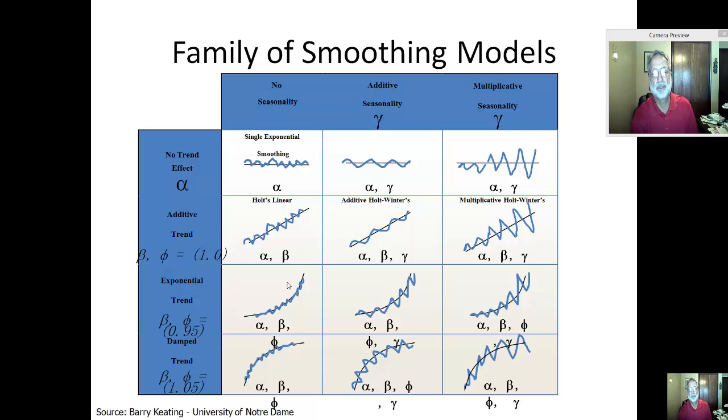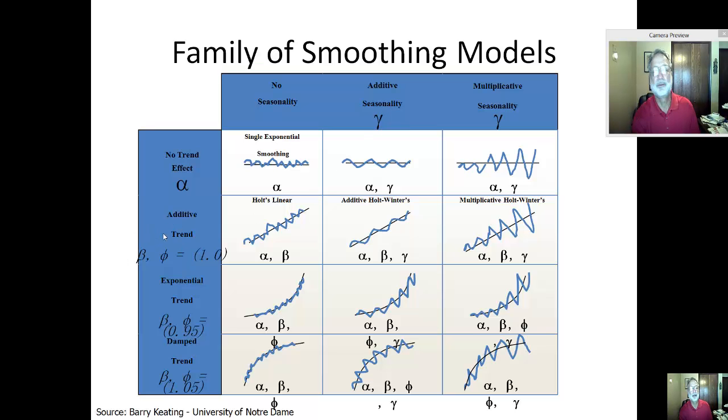Notice this is a linear trend. Notice this is an exponential trend. Okay, so Holt's two-parameter, one for the level and one for the trend that's either linear or non-linear.